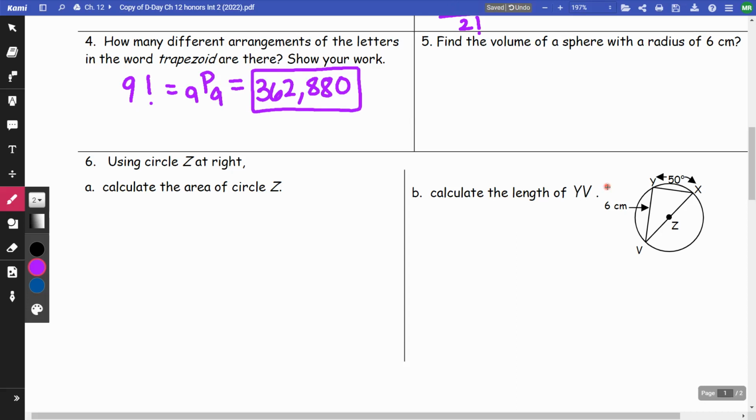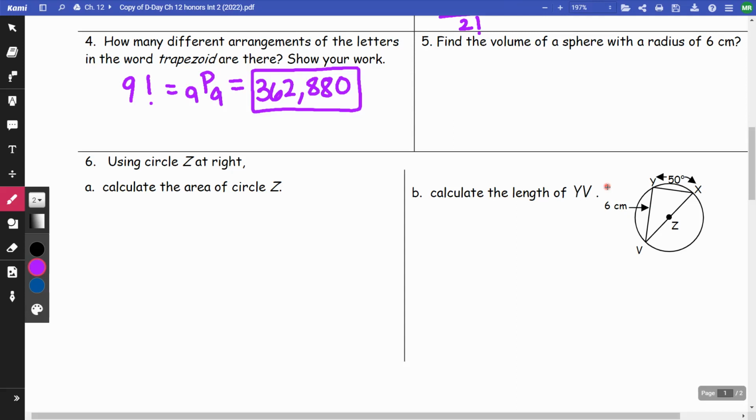Now on number 5, find the volume of a sphere with a radius of 6. So remember when we were doing volumes and we were doing a cylinder versus a cone versus a sphere.